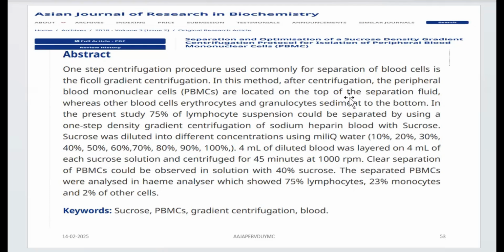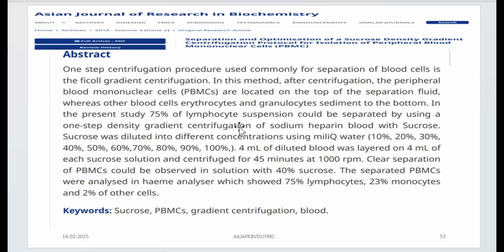So if you are centrifuging blood and Ficoll gradient is used, you are going to have the peripheral mononuclear cells on the top of the separation fluid, and other blood cells like erythrocytes and granulocytes will sediment at the bottom. But here they have done one additional step: they took 75% lymphocyte suspension and separated it using one-step density gradient centrifugation.